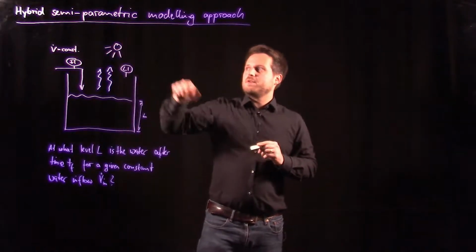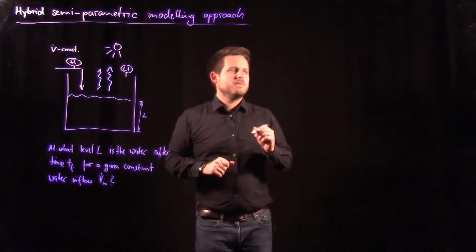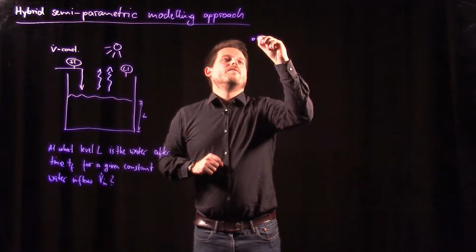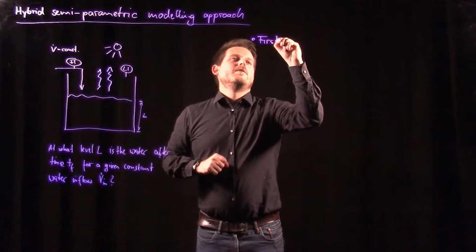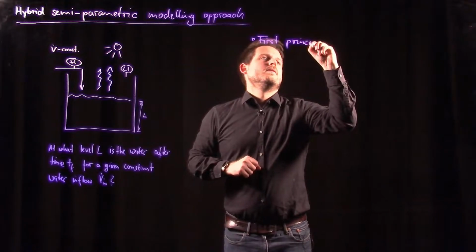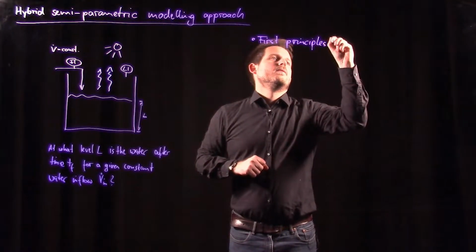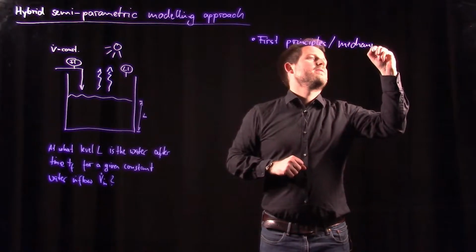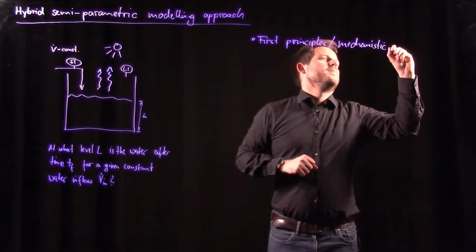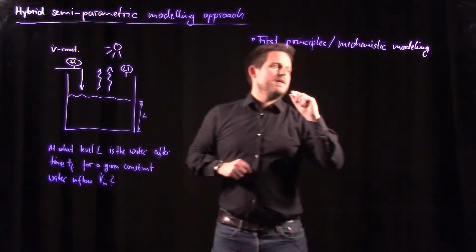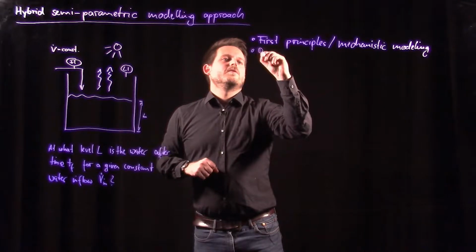And now we want to approach this with a hybrid semi-parametric model, and this actually means that we take into account first principles or also mechanistic modeling and also data-driven modeling.